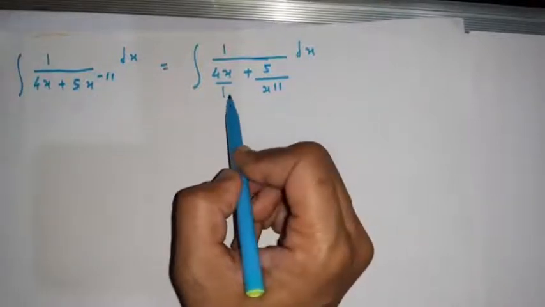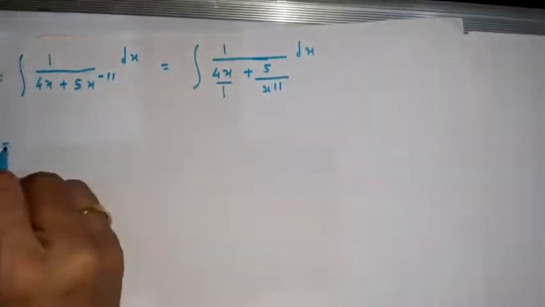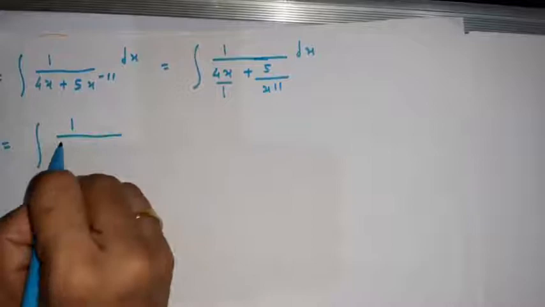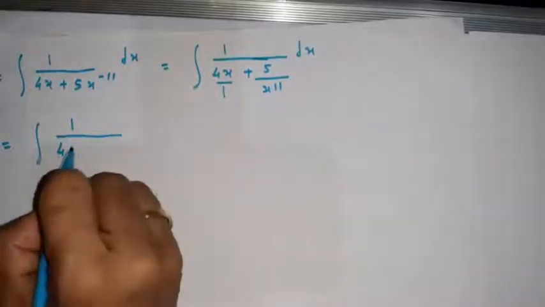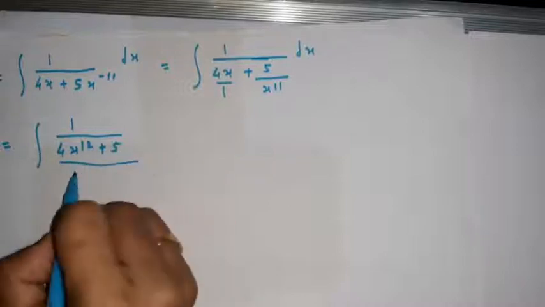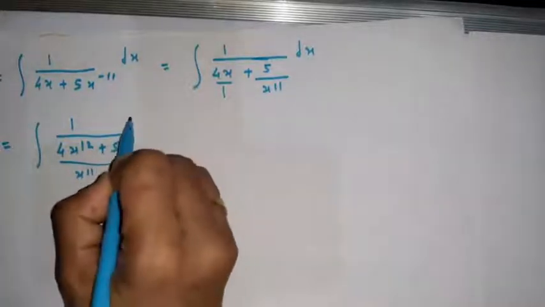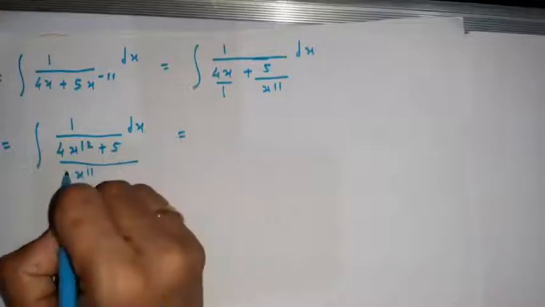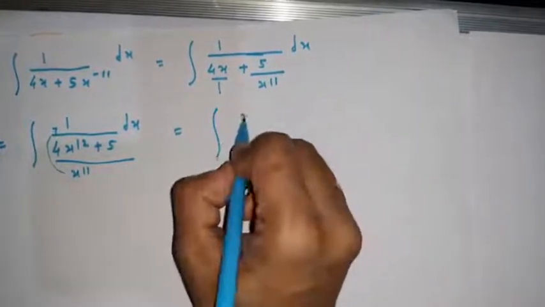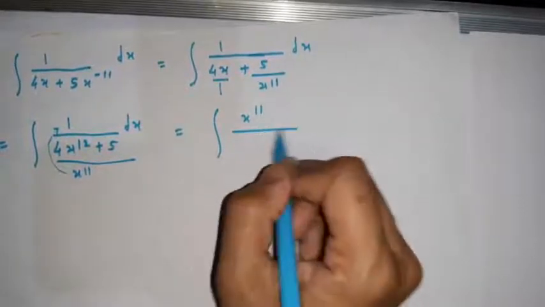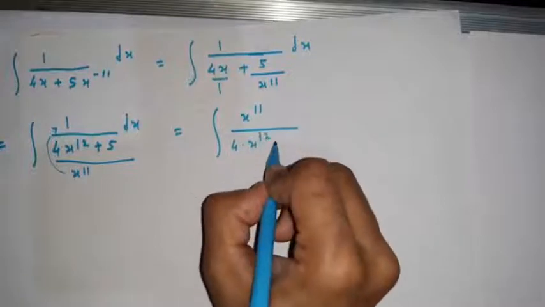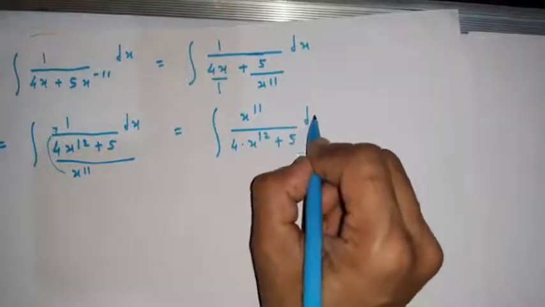LCM is x raised to 11, and that is equal to 1 upon 4x into x raised to 11, that is x raised to 12, plus 5 upon x raised to 11 with respect to x. Now shift this x raised to 11 to the numerator. We will get x raised to 11 upon 4 into x raised to 12 plus 5 with respect to x.